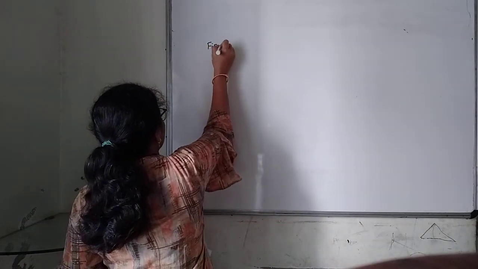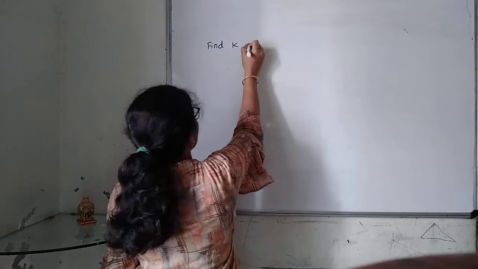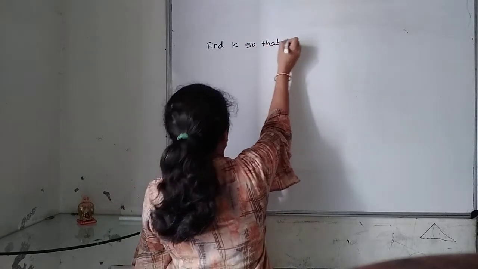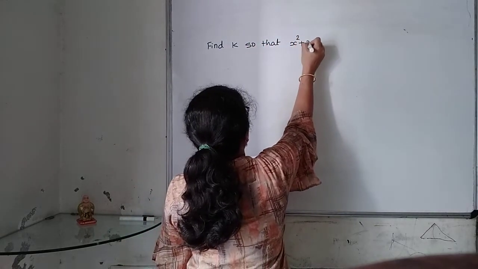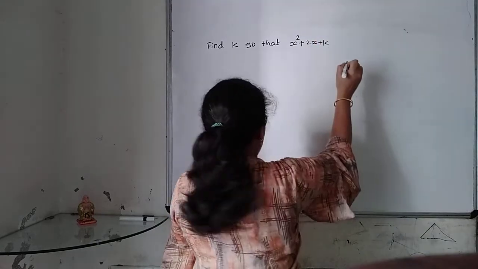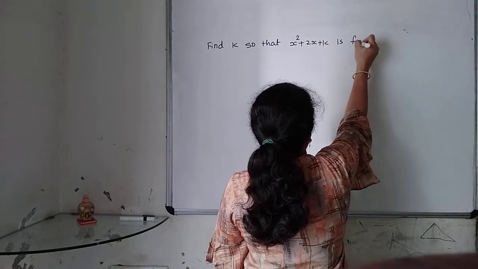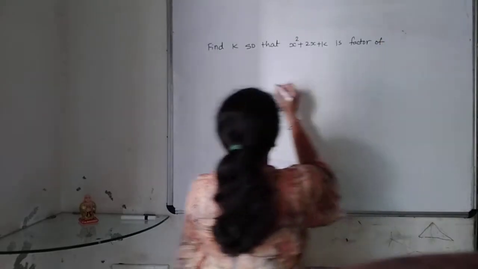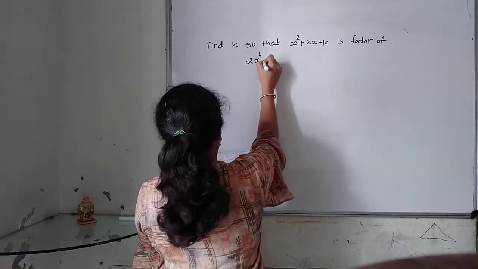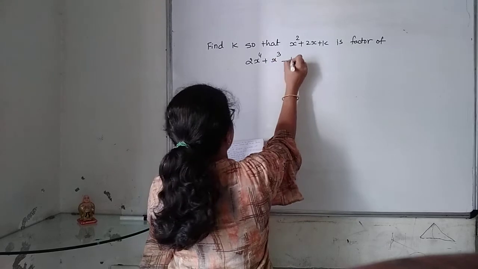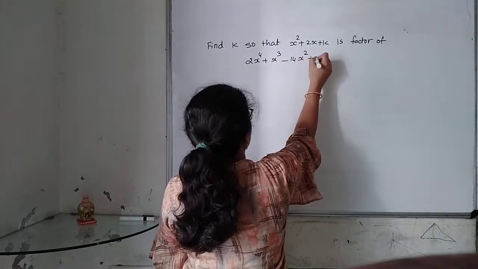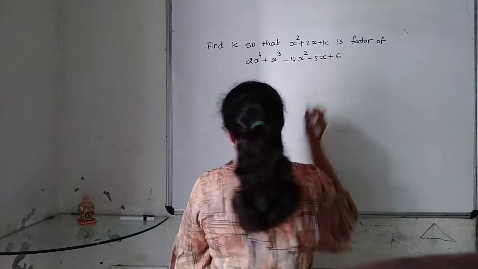The next sum is: find k so that x square plus 2x plus k is a factor of 2x raised to 4 plus x cube minus 14x square plus 5x plus 6.